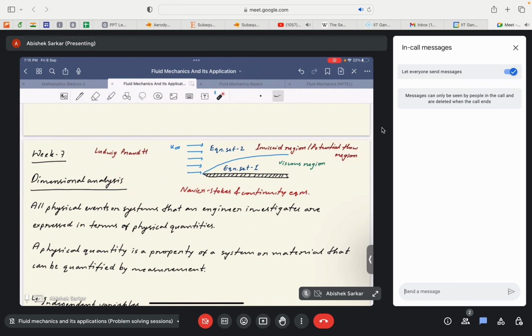But just to have an idea, having a basic knowledge of dimensional analysis will help us to derive these equations that would eventually help us to get some approximate solutions to the Navier-Stokes equations. Right.